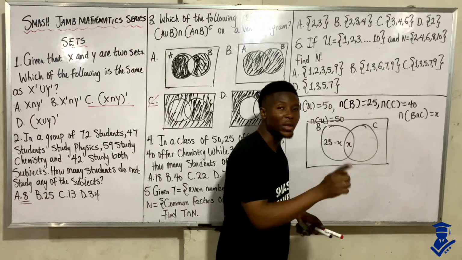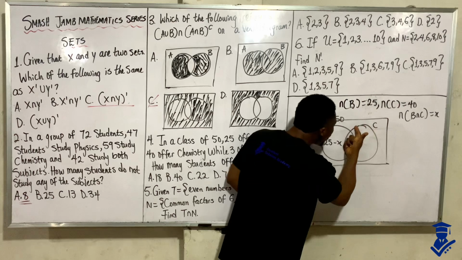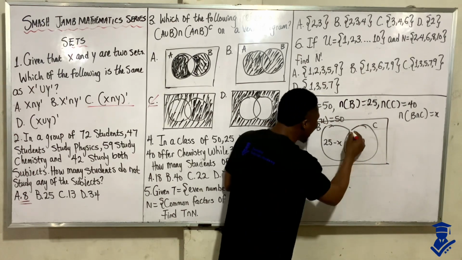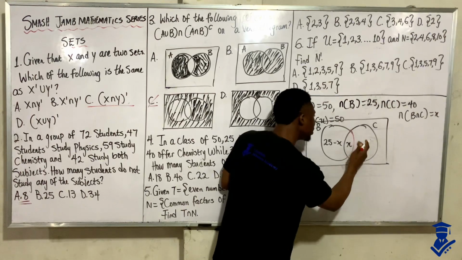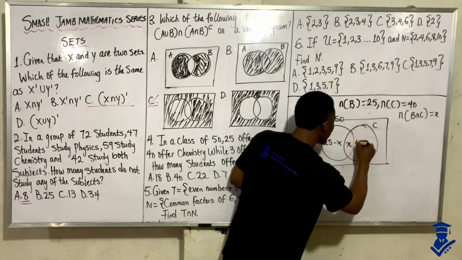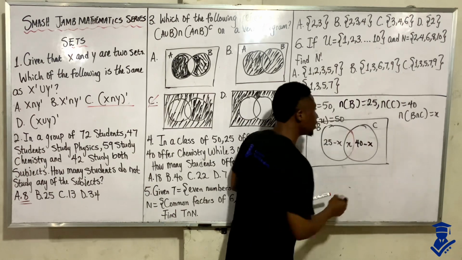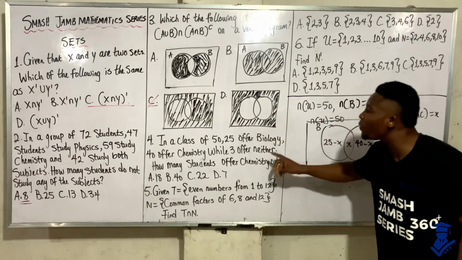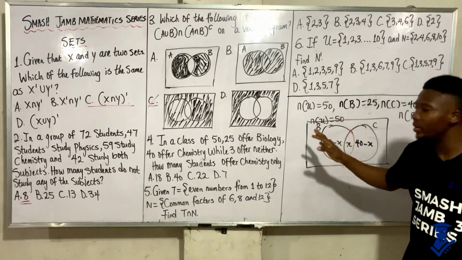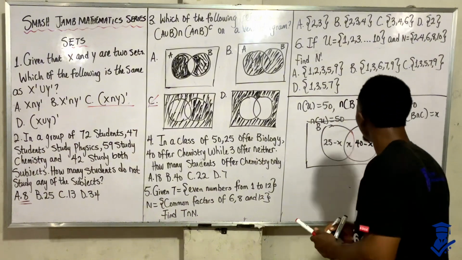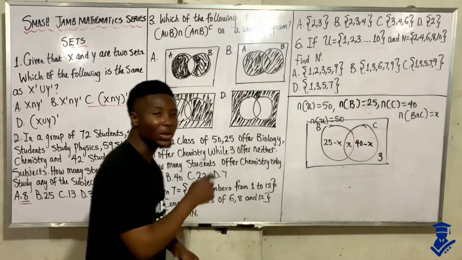We're told 40 students offer chemistry. The whole of this is 40. But you've taken this X part out of it. So this remaining part now is going to give us 40 minus X. But do not forget that information that we were told that 3 offer neither of these subjects. So they are going to be outside there.